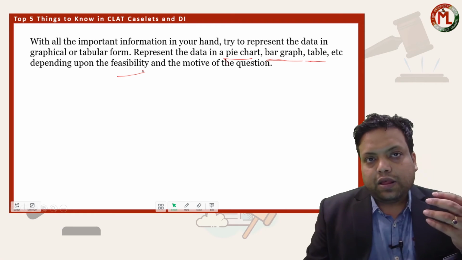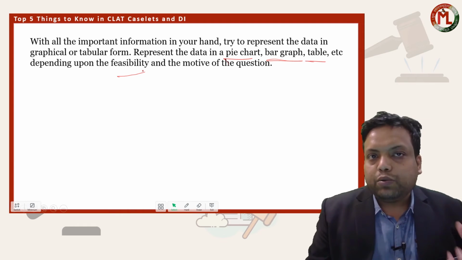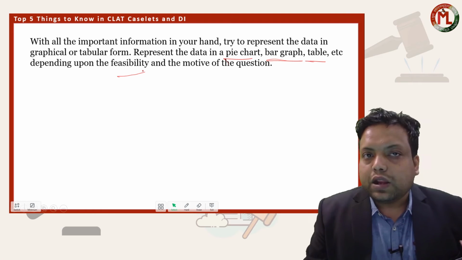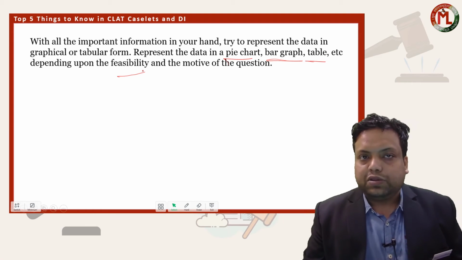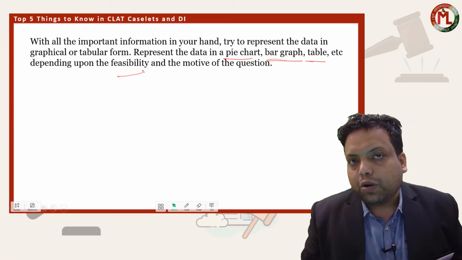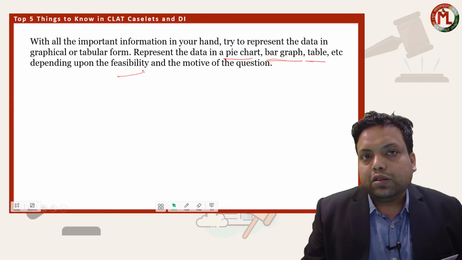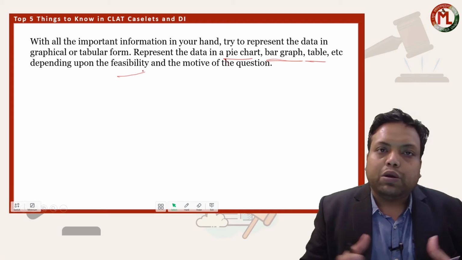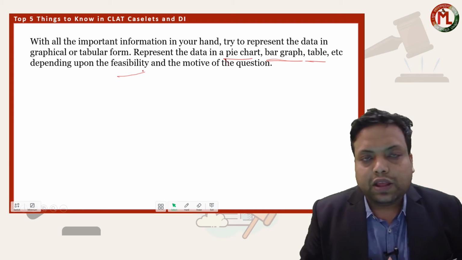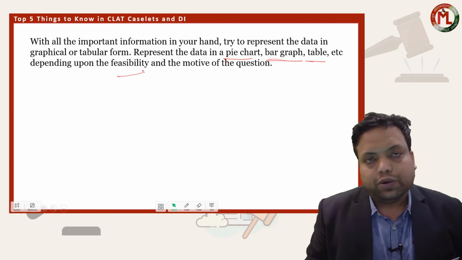You have to know how to represent data in a table, pie chart, bar graph, line graph, and how to interpret those data. That is very important, because in the examination hall no superhuman ability is going to come to you. You have to practice this at home rigorously before going to the actual exam.